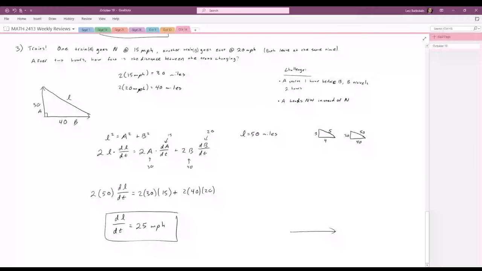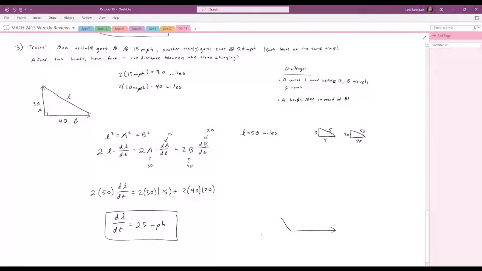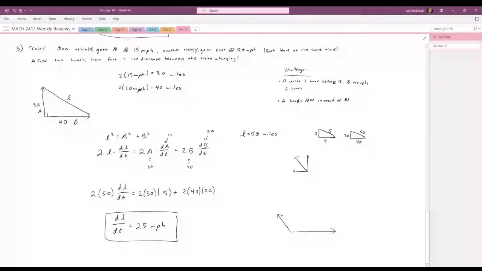Now we have train A going, if I can draw a straight line, northwest, which is this way, at 15 miles an hour. Well, I can actually break down the speed of train A into components. So if I drew this out, I'm going to have one component in this direction and one component in this direction.